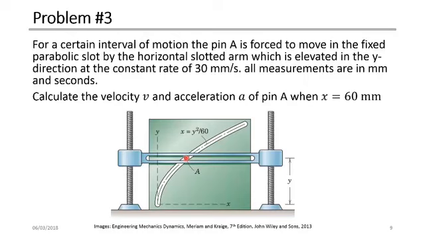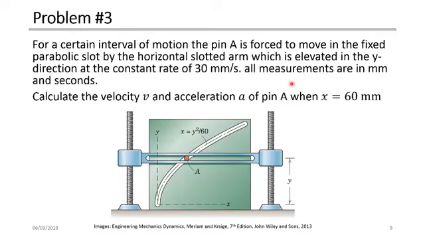And because it takes the pen with it when it moves in the y direction, the velocity of the pen in the y direction is the same as the arm, which is 30 millimeter per second. So if we define the velocity in the x direction as x dot and the velocity in the y direction as y dot, the y dot for the pen is 30 millimeter per second.